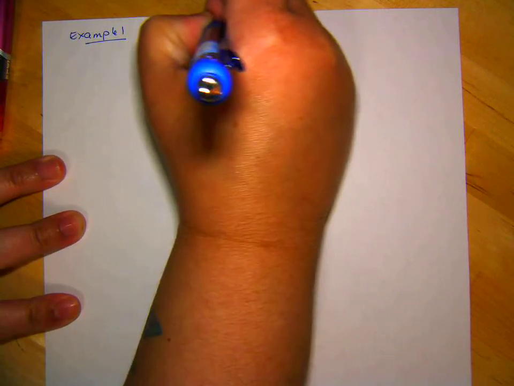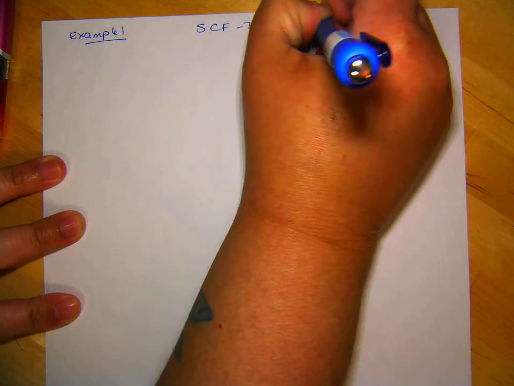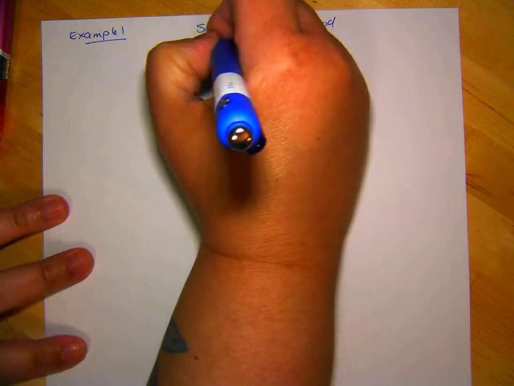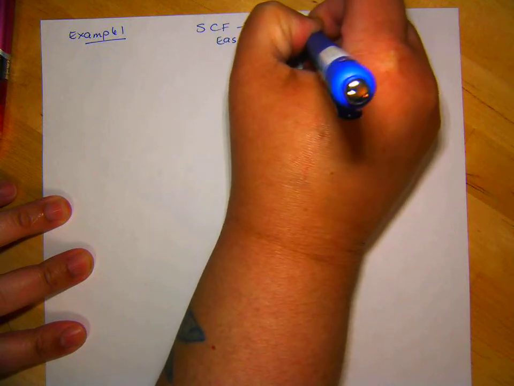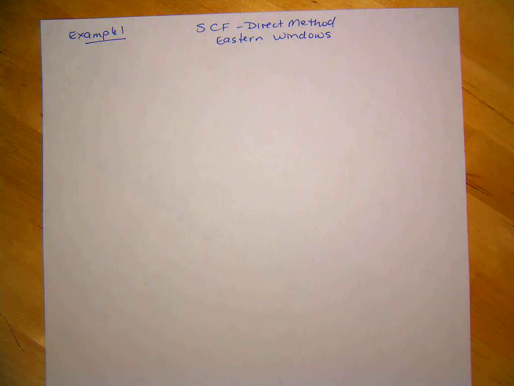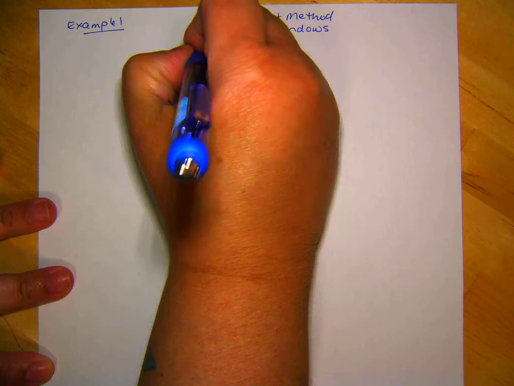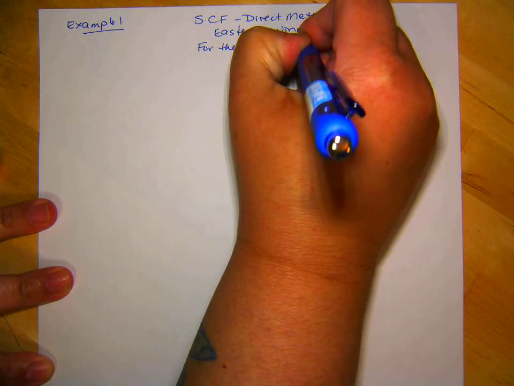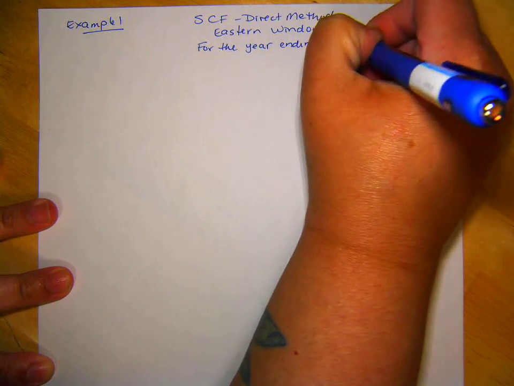And it's the statement of cash flows, direct method, for Eastern Windows Products. And this is showing how cash has changed over time. So it is for the year ending, and in this case, it's December 31st, 2017.